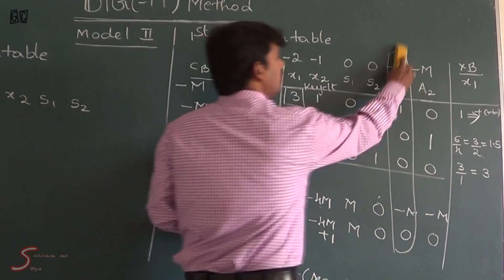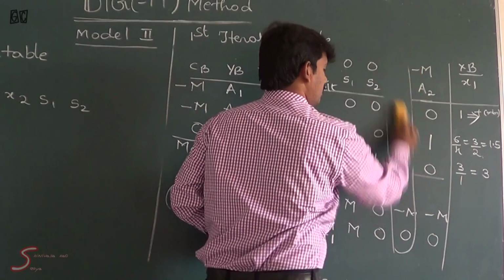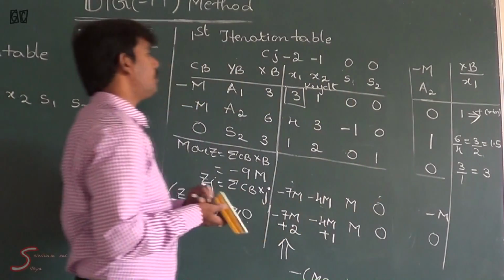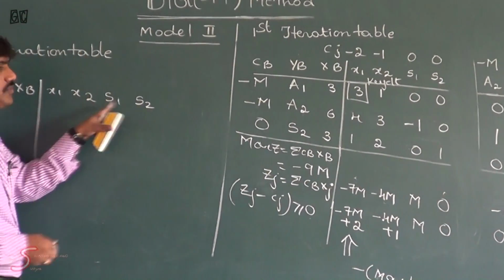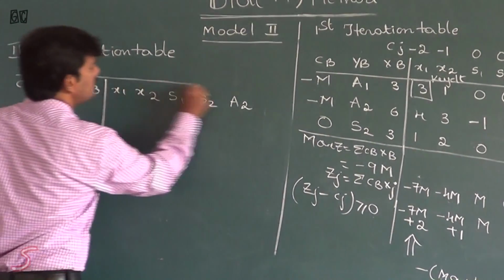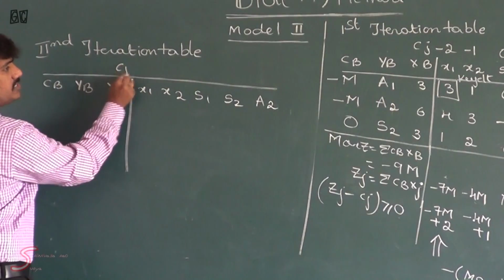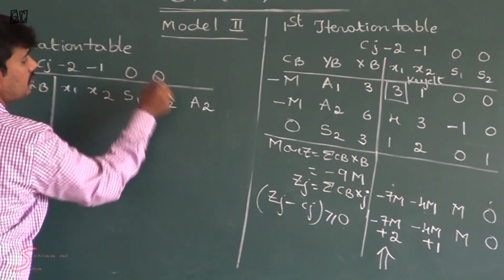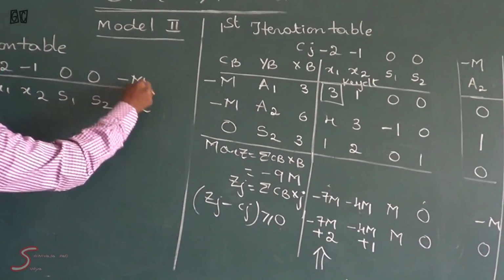So I am going to remove this column entirely, that is a1. So because of that, we have x1, x2, s1, s2, a2. So we have Cj here, that is Cj equal to -2, -1, 0, 0. The cost of a2 is obviously -M.